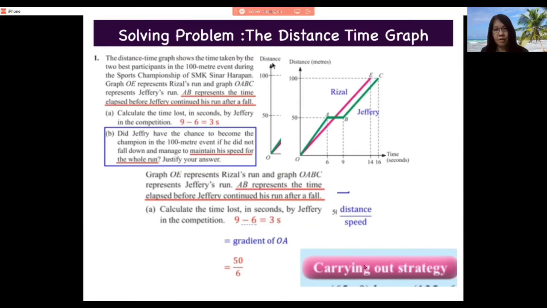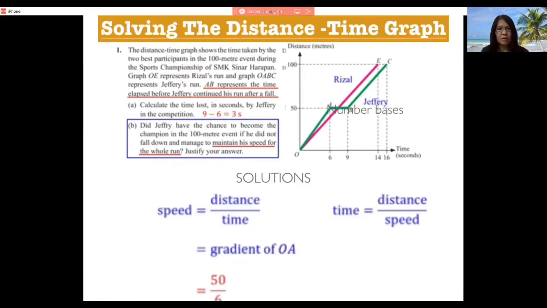So we carry out the strategy and do the calculation for the next part. Speed equals distance over time. For 50 over 6, as I mentioned, this is the vertical distance and this is the time taken. Now we need to calculate the time taken.